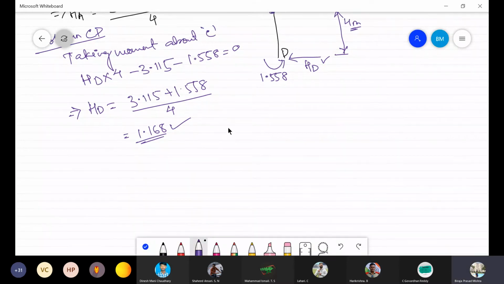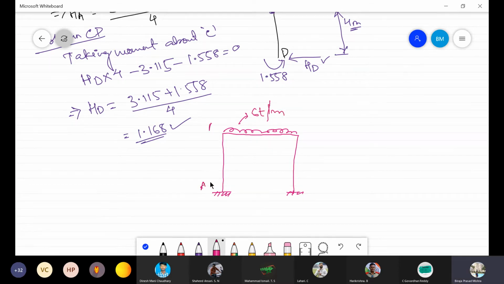Okay, so let us first draw this one. This is the original structure. This is the ton per meter. This is P, this is P, and this is D, and this is again 4 meters, because I need to put the moments and reactions.